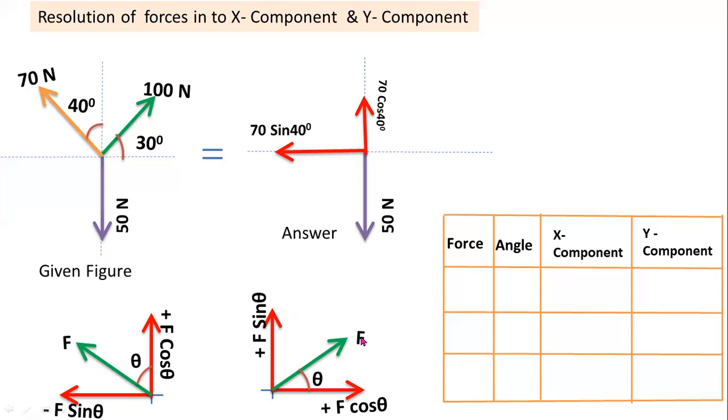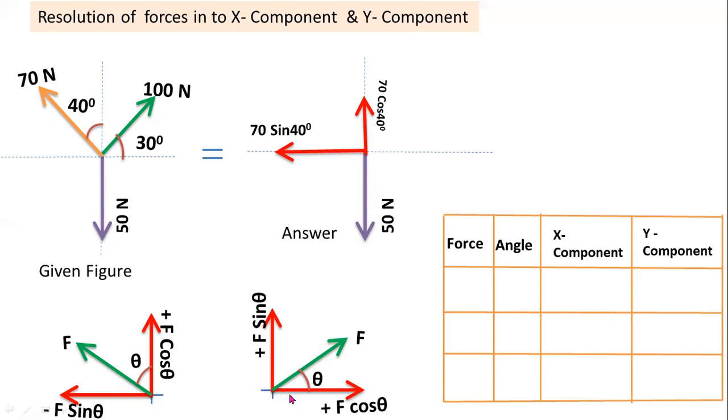Here the force F equal to 100 newtons and angle theta equal to 30 degrees. This is the horizontal force, and this is the vertical force. The magnitude of the horizontal force equals F cos theta, which is 100 cos 30 degrees, and the vertical force is F sin theta, which is 100 sin 30.